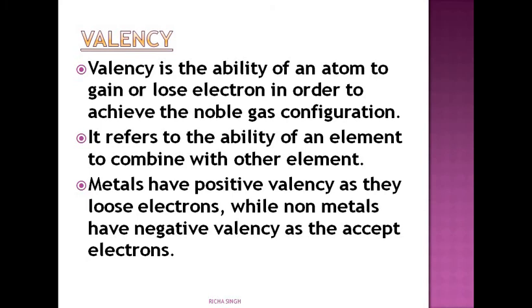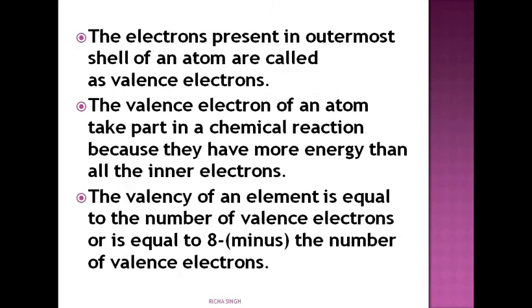We have seen argon, it had 8 electrons, meaning it has completed its octet. So they are chemically inactive. They don't show any chemical reaction. In other words, you can say that their valency is 0. So the elements with a completely filled valence shell are said to have a stable electronic configuration.